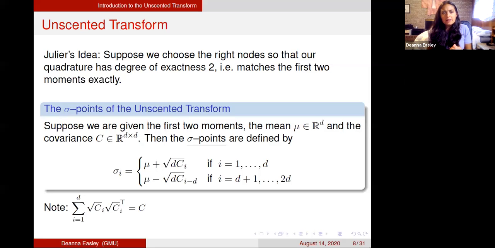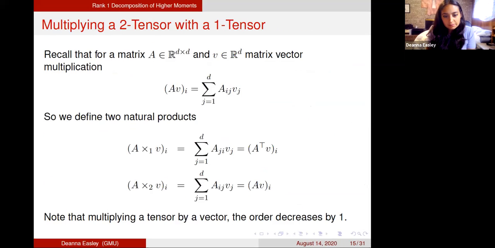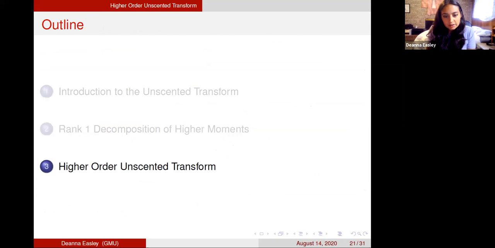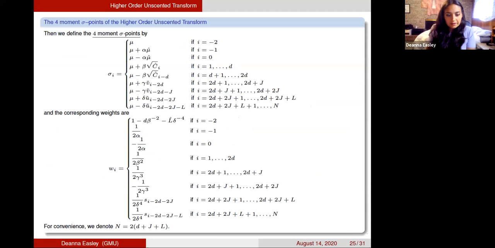For the higher order unscented ensemble, remember J and L: J would be the number of eigenvectors for the skewness, and L for the kurtosis.